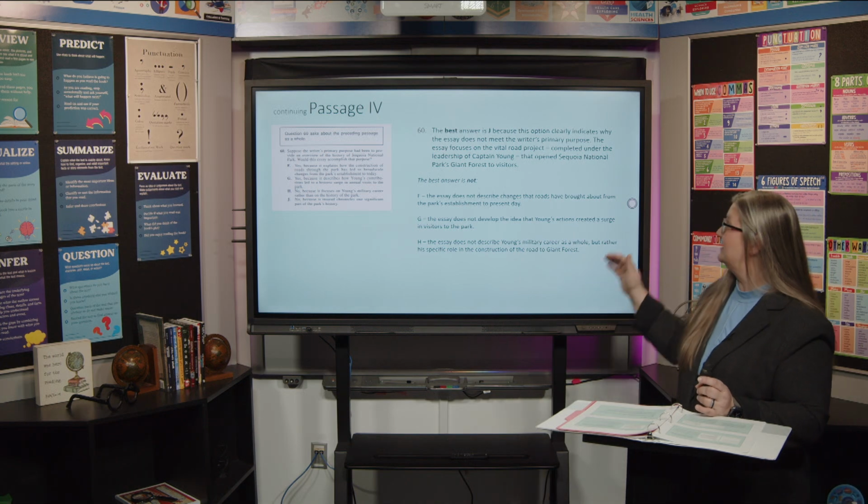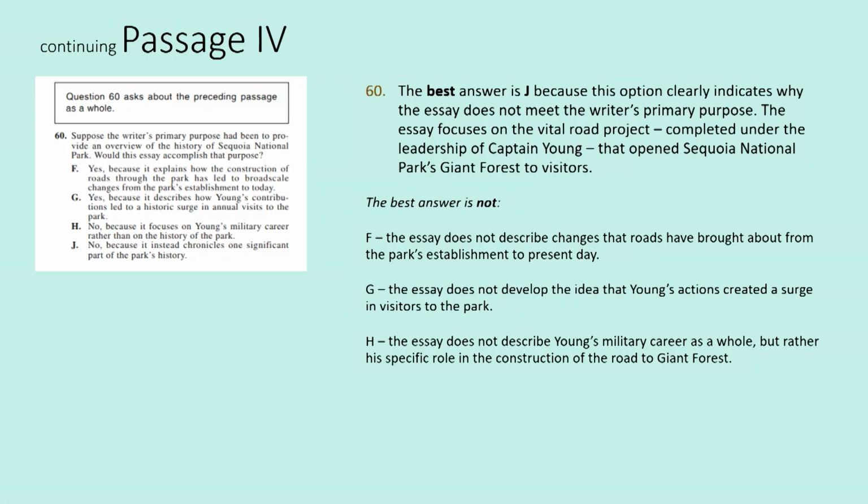J, this option clearly indicates why the essay does not meet the writer's primary purpose. The essay focuses on the vital road project completed under the leadership of Captain Young that opened the Sequoia National Park's giant forest to visitors.